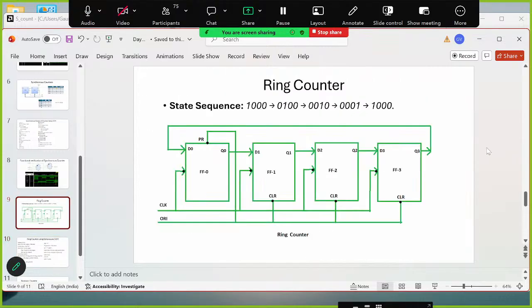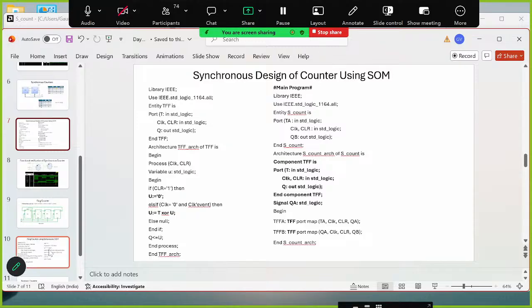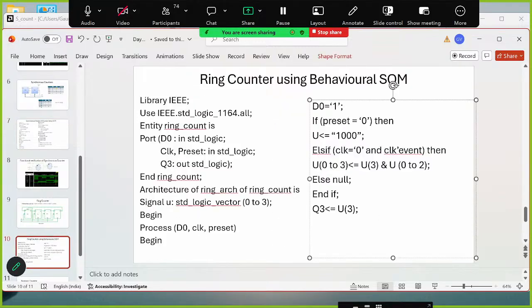And we have assumed these intermediate outputs to be U0, U1, U2, and U3. So finally, I am updating this: Q3 will get the value of U3. Okay. Right.